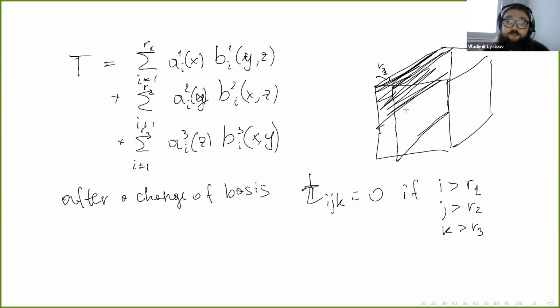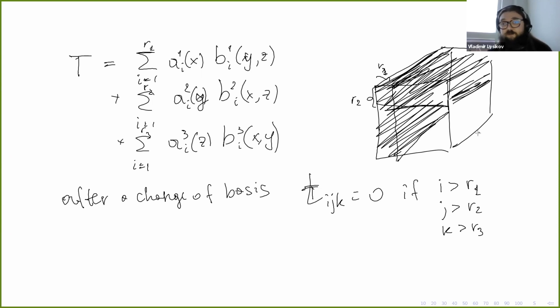So these elements may be non-zero. In the second direction, we have some R2 summands. So these elements may be non-zero. And also in the third direction, we have some R3 summands. So these elements in the box might be non-zero.